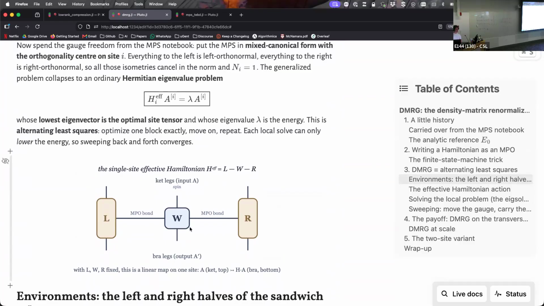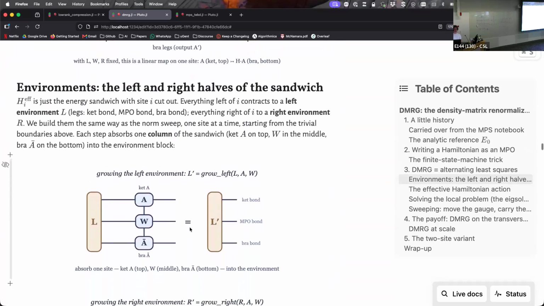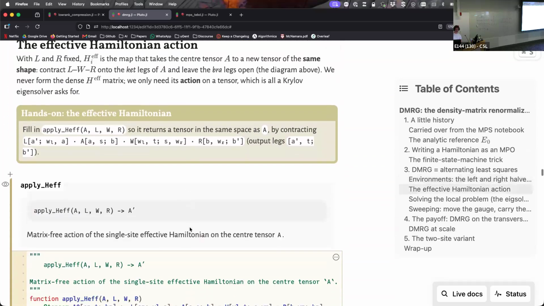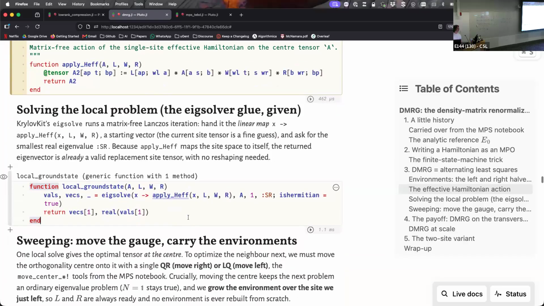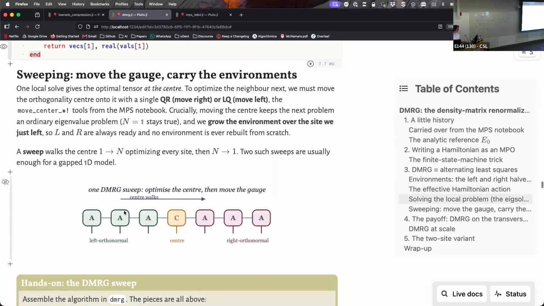We get this effective operator. We will now diagonalize this, and we've done this before, in the first session. This can be done with a Krylov eigensolver. So you just have to apply the action of this Hamiltonian, and this will find the local minimizer of this function. And then finally, we can do this for one side.